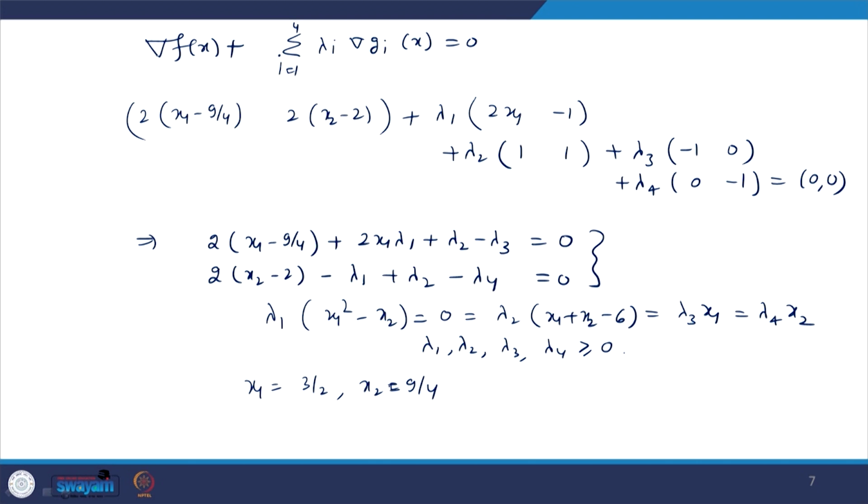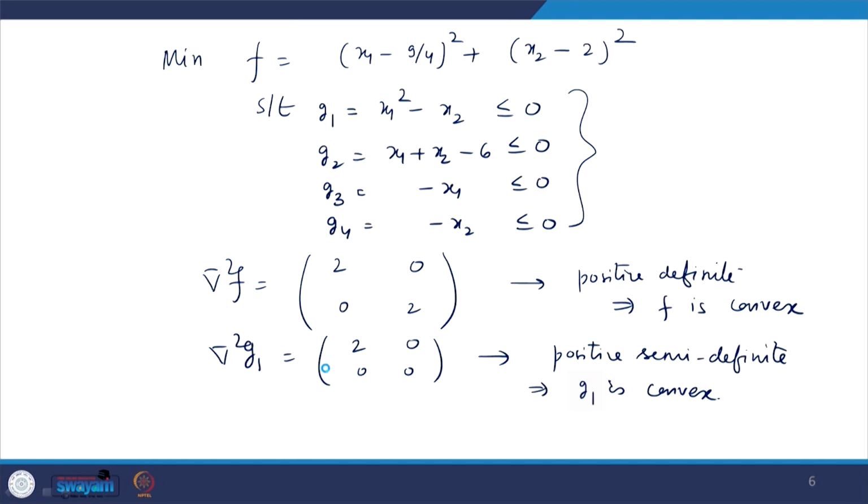So, you substitute. First you see whether it is feasible or not. So, first we will see the feasibility. So, 3/2 and 9/4. 3/2 is greater than or equal to 0, 9/4 is greater than or equal to 0. 3/2 plus 9/4 is what?